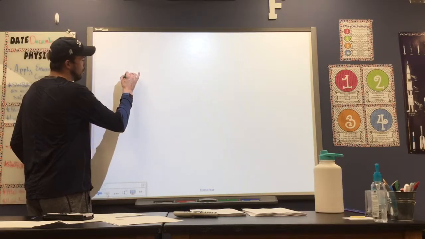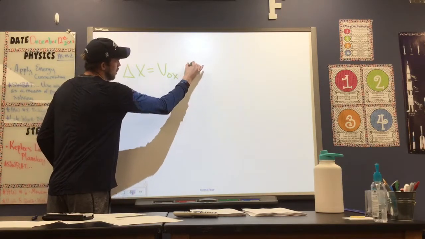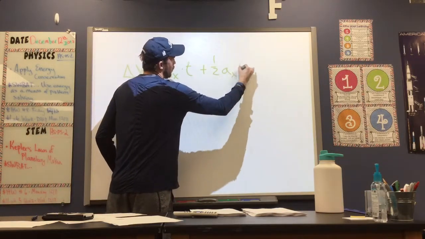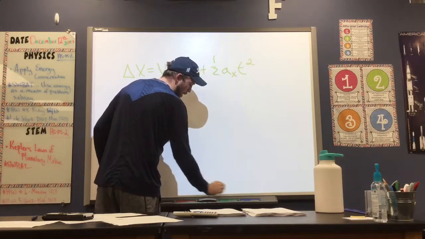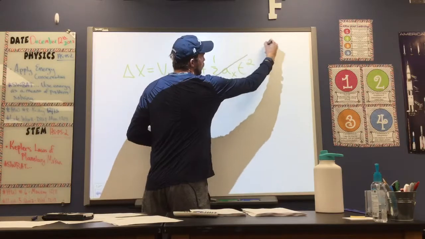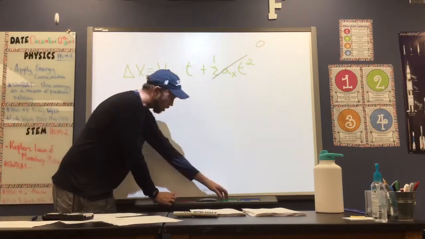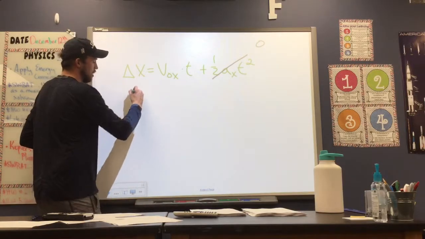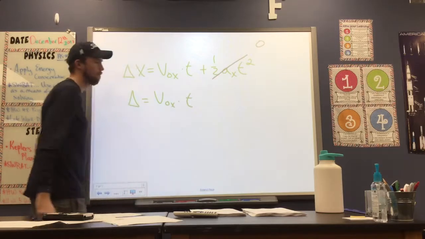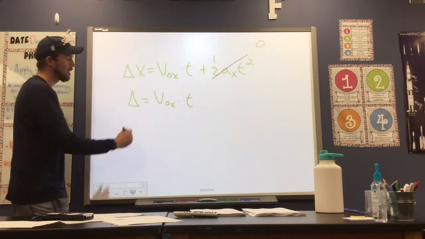So I'll write out equation 2. Delta x is equal to initial velocity in the x times time, plus 1/2 times acceleration times t squared. Now in the x direction, we don't have any acceleration, so the right-hand term goes to 0, and this simplifies to delta x equal to initial velocity in the x times time. We know our initial velocity from the previous part of this problem, and we just solved for time.